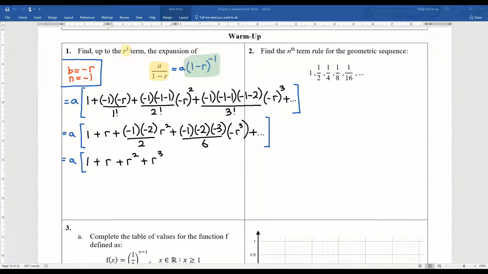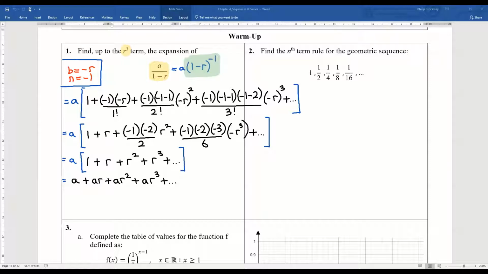That's rather nice, isn't it? And then we've got plus ... All right, so this is a very nice expression. Let's multiply all this by a. Our final answer is going to be a plus ar plus ar squared plus ar cubed plus some more terms that we're not going to write down.